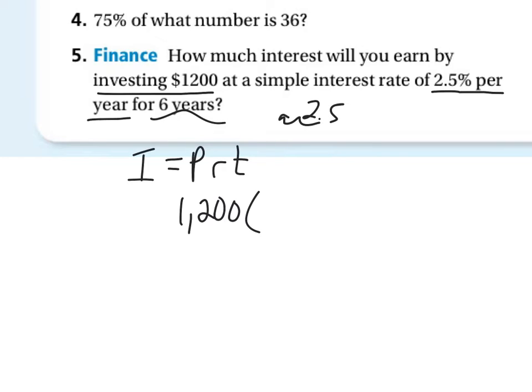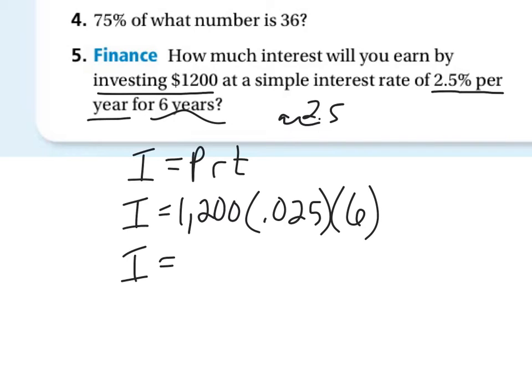We're going to move our decimal 2 places to the left. It's 6 years, and the interest is what we're trying to find. So we can just multiply all those together, and that would be $180.